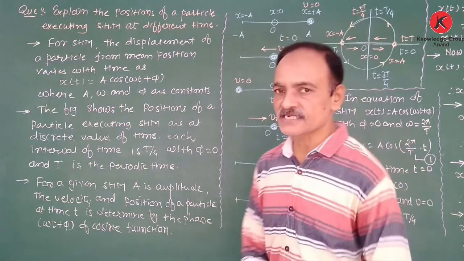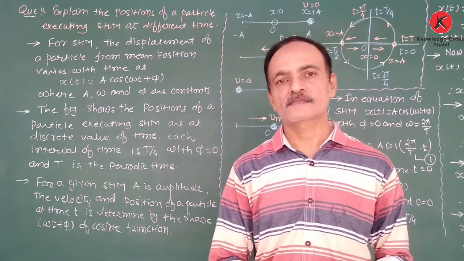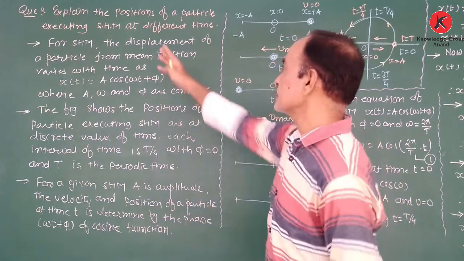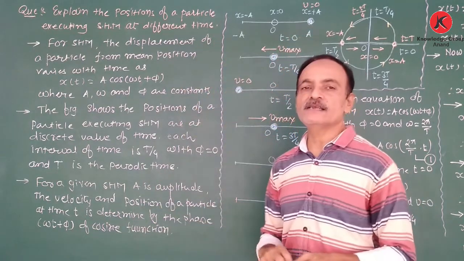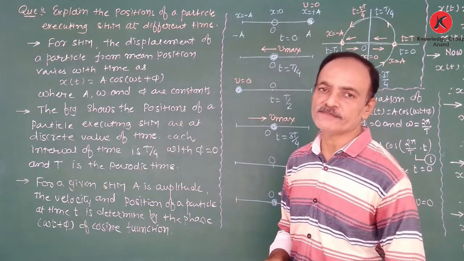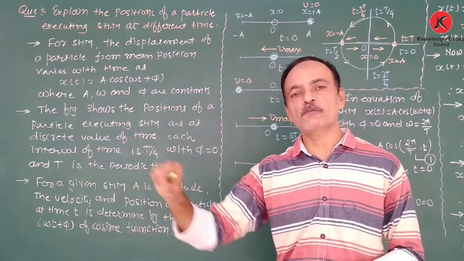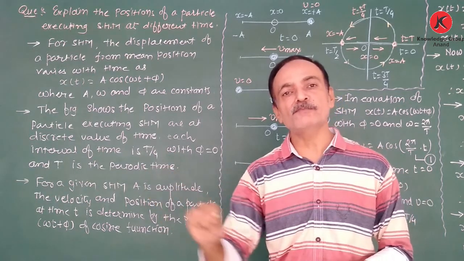Now, the next question to clear a concept about the simple harmonic motion. For that purpose, explain the position of a particle performing simple harmonic motion at different times. One example is the pendulum of a clock, which oscillates about the mean position.